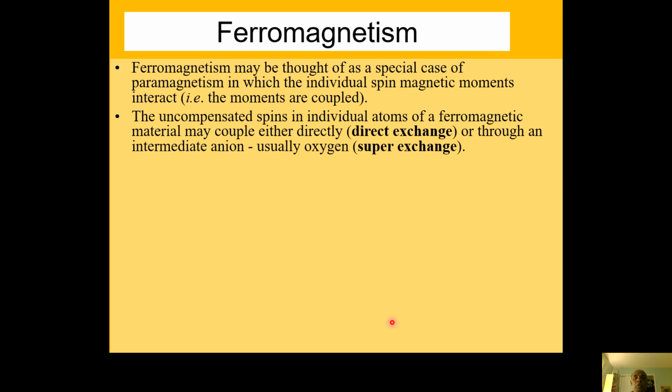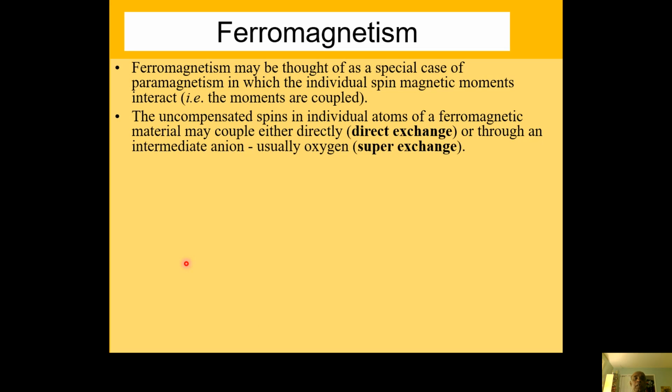So ferromagnetism, you can think of as a special case of paramagnetism, right? Because they have individual spin magnetic moments that interact with other spins. That's the whole idea in ferromagnetism. We call that the exchange interaction.